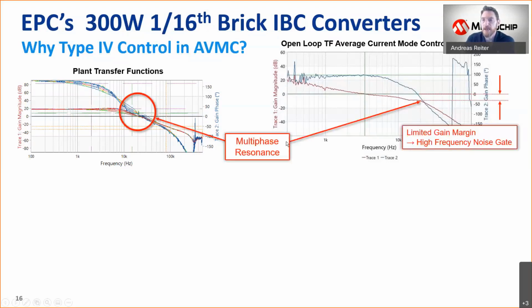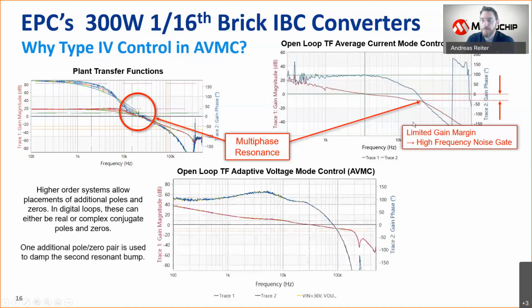So this multi-phase resonance needs to be dealt with. It means a classical type 2 controller, which would usually be the choice for an inner current loop, is not good enough because we don't have any poles and zeros left to deal with this high frequency pole.